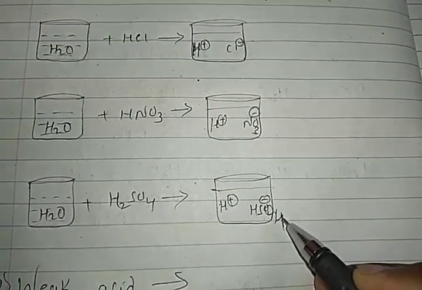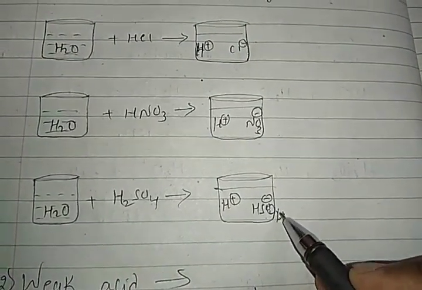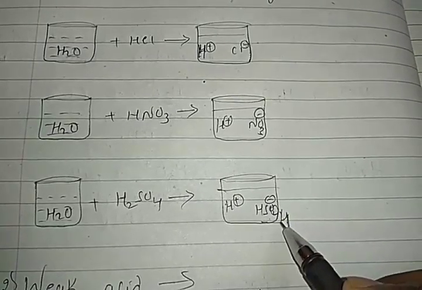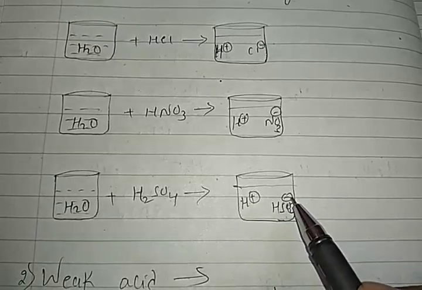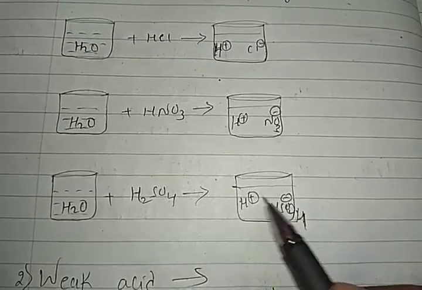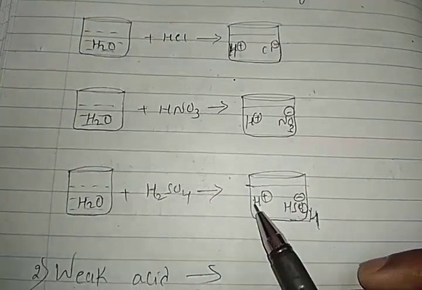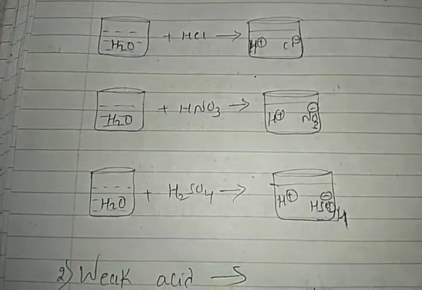Students, there is no space, so that's why I wrote HSO4- here. Once it dissociates, the H+ and HSO4- cannot attract each other. They remain in ion form in the water, called a strong acid.